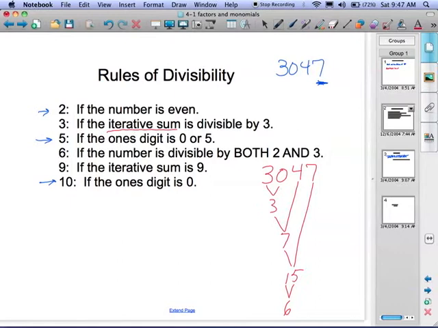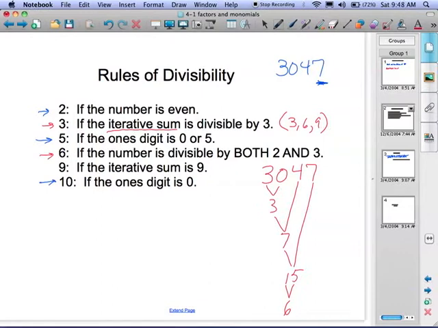So the rule for 3 says the iterative sum is divisible by 3. In other words, it needs to be a 3, a 6, or a 9. And as we found the iterative sum for 3047, the iterative sum is 6, which is one of the cases we were looking for. So the number 3047 is divisible by 3. So success there.